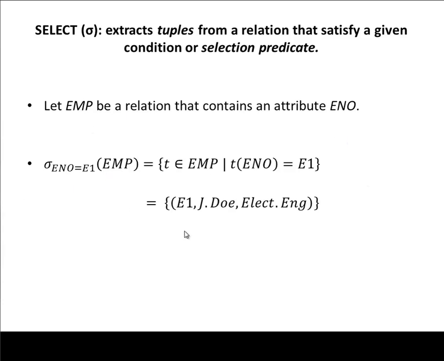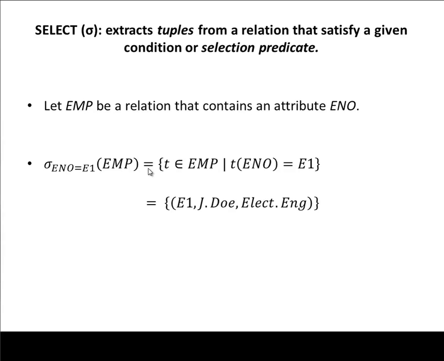The construction of this notation is not too hard. We read this as select from the relation EMP, subject to the condition that we want to select the tuple where the value of the employee number is equal to E1. If we express that in set notation, this expression results in a set, which we indicate with braces.